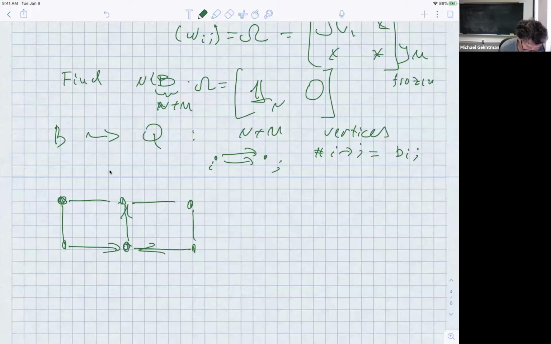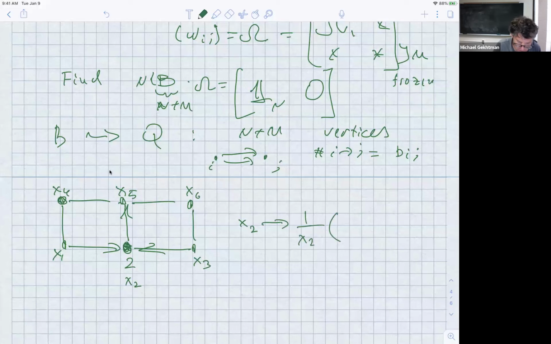So this was vertex 2, right? And so there was a variable here that was x2, and this is x1, x3, x4, x5, x6. And so x2 transforms into 1 over x2 times x1, x3, right?